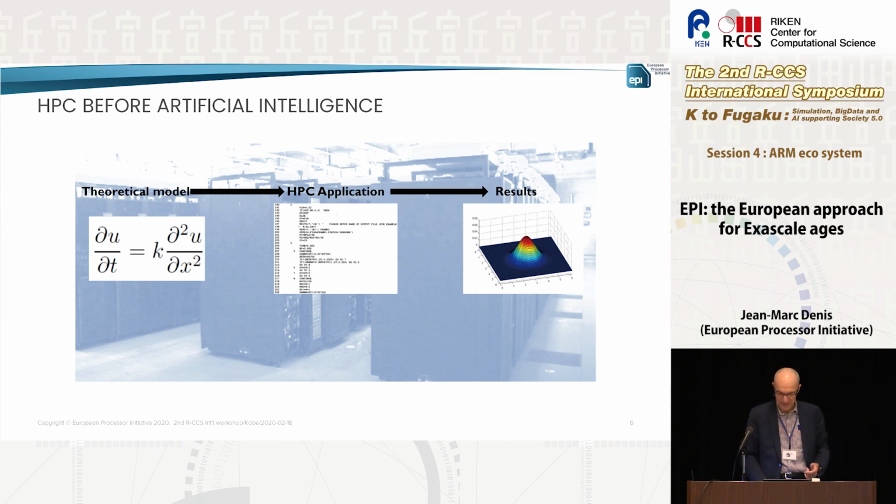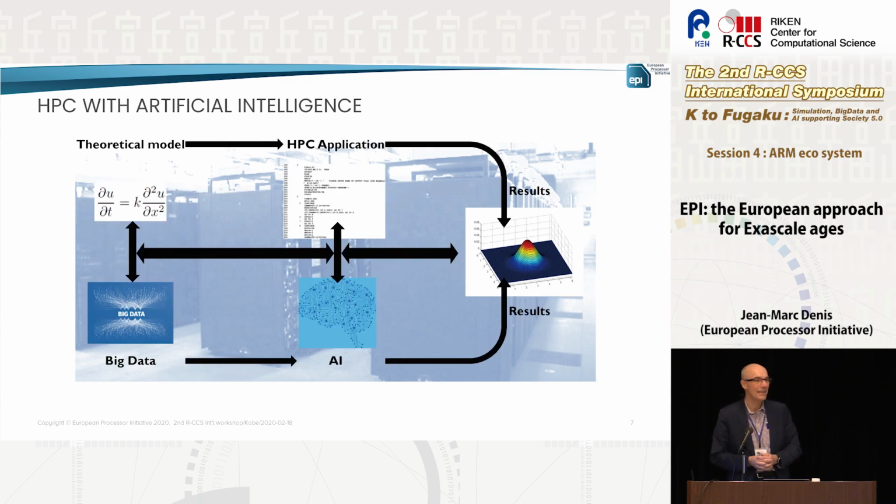Life was easy. Now, if we consider big data and artificial intelligence, we start seeing workflows coming up, where on the top we have the classical HPC models with theoretical model, HPC applications and results. At the bottom of the slide, big data, and from big data we build, through deep learning, artificial intelligence models, and we also obtain results.